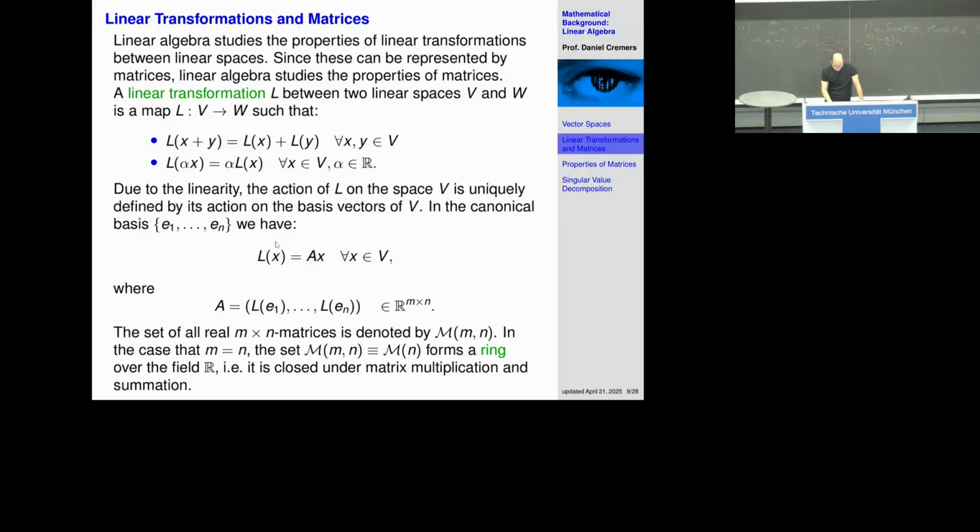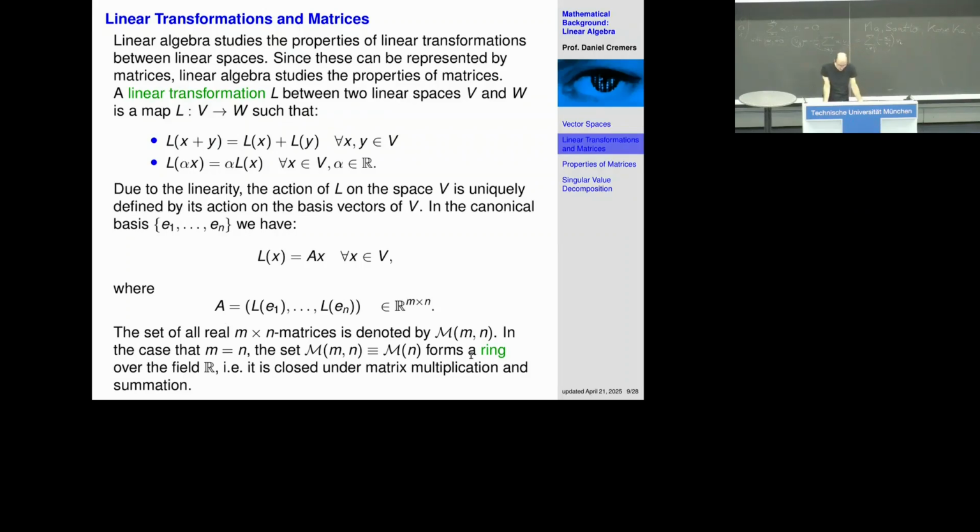So once I write L of the basis vectors, let's say the canonical basis, E1, E2, E3, these are the canonical basis vectors here, and once I know how it operates on this canonical basis, then I can write this output, L of E1 through L of En, as a matrix A. And then L of any vector x is nothing but A times x.